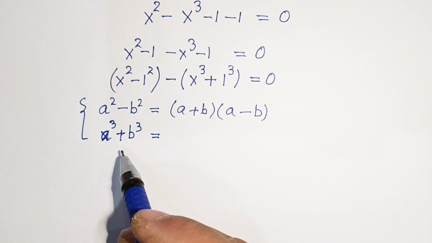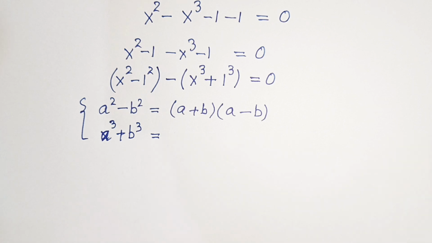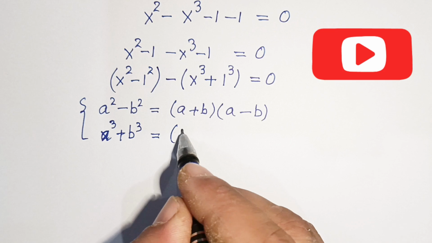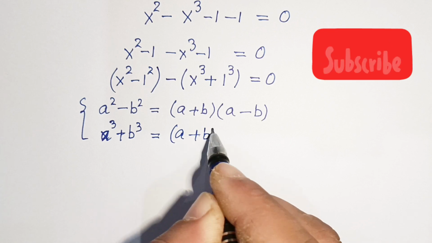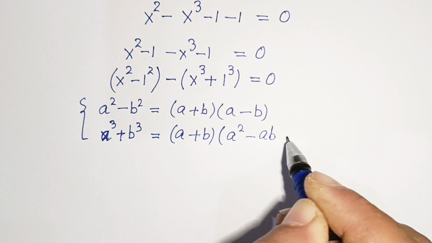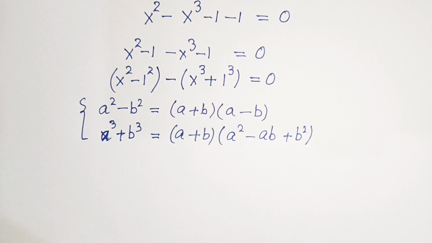So we know from our basic school classes that a cubed plus b cubed is equal to a plus b times a squared minus a times b plus b squared. So it is a very easy but very important algebraic formula. So we have to just remember this.